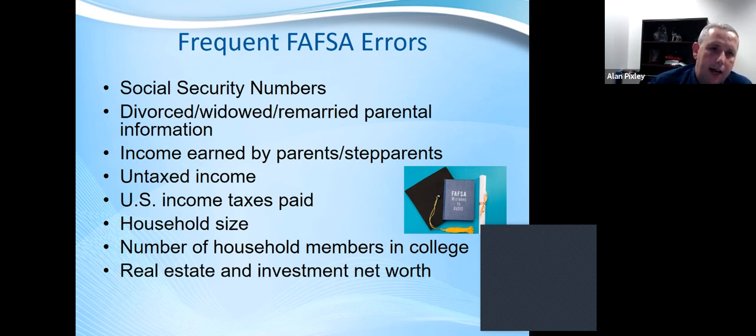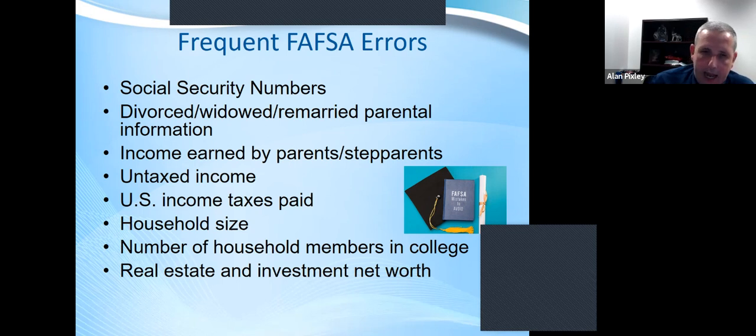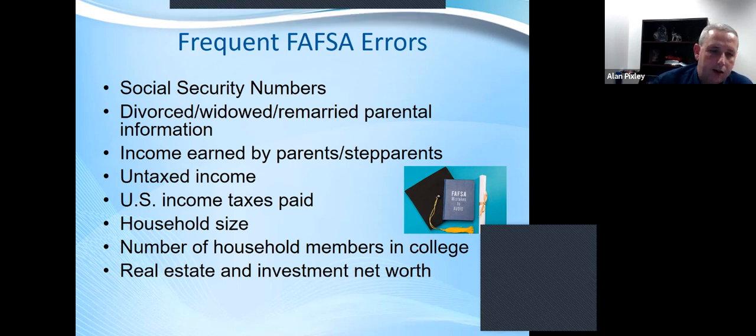Another common error is with people that are divorced, widowed, remarried, or the parental information that's on there. So in a household where the parents are both married, that's pretty easy. They're going to use both parents' information. If it's a case of a parent that is divorced or widowed or even separated, they are only going to use the income of the parent from which they derive the majority of their support.